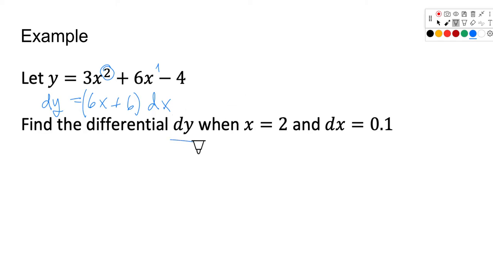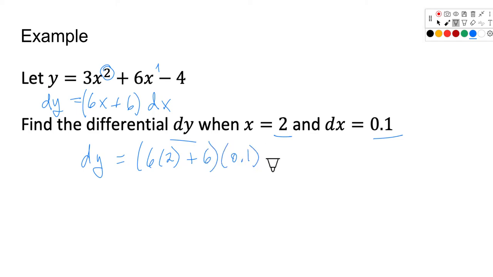They say find dy. The cool part is we've got dy isolated, right? What do we need to do? Just plug in 2 for x, and then for dx we plug in 0.1. So it's kind of saying we're allowing an error of 0.1 in our measurement of x, our change in x. And so dy equals 6 times 2 plus 6, and then dx is 0.1.